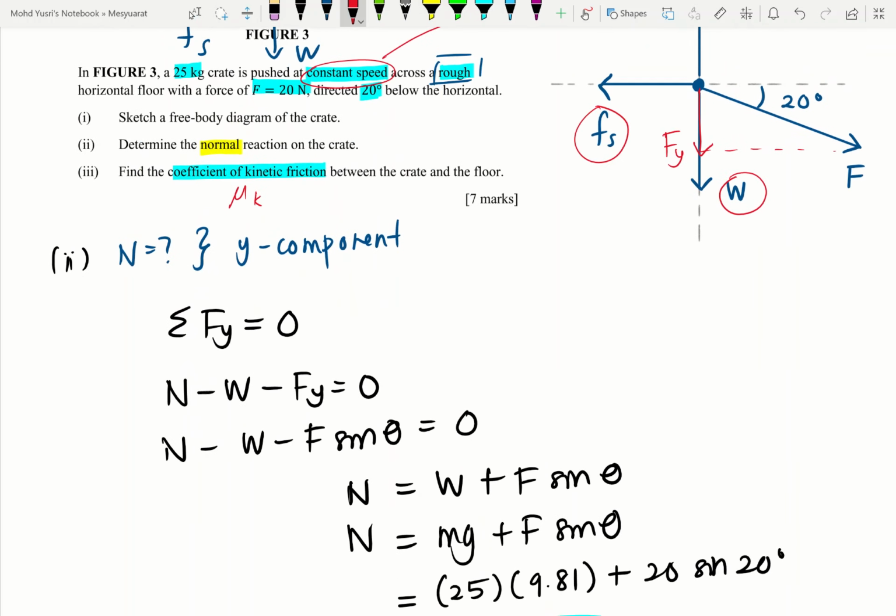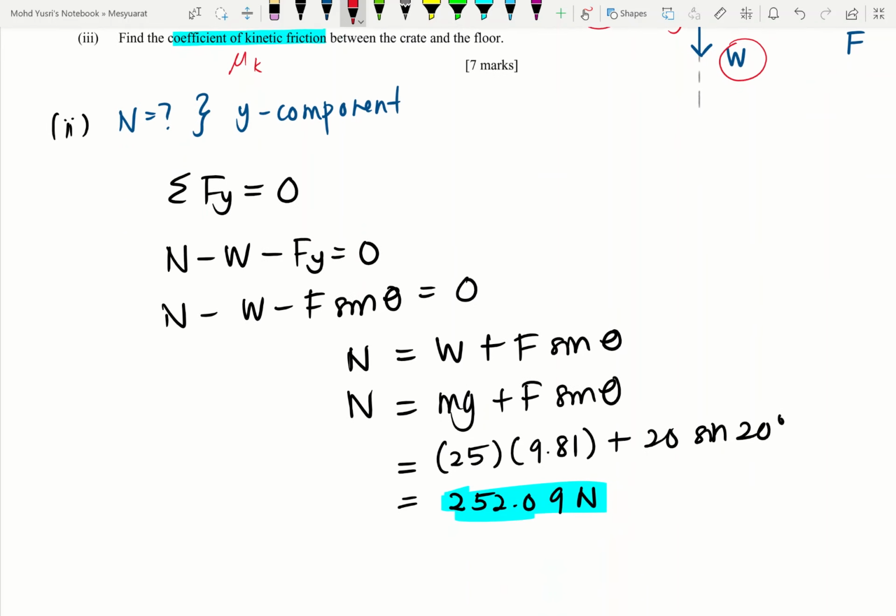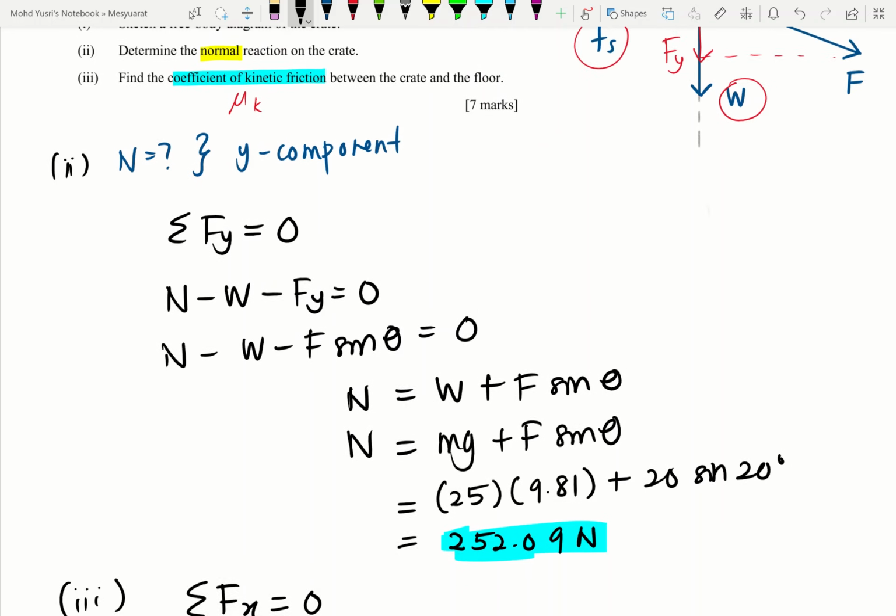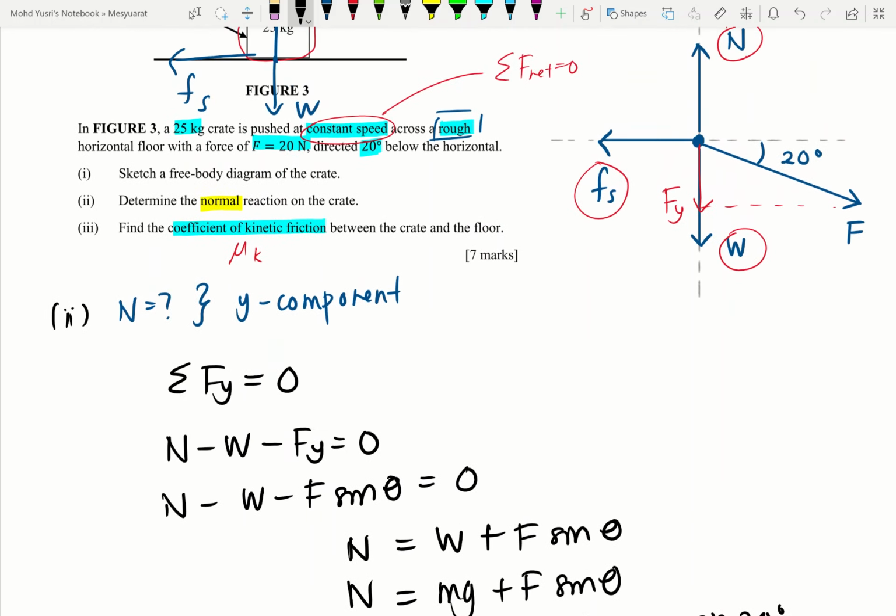Now, friction berada pada X component. So, pada soalan nombor 3, kita nak tengok forces pada X component. Now, since the object move with constant velocity, so the net force on the object is 0. Sum of Fx is equals to 0. Now, if you look at the diagram, there are two forces on X component.